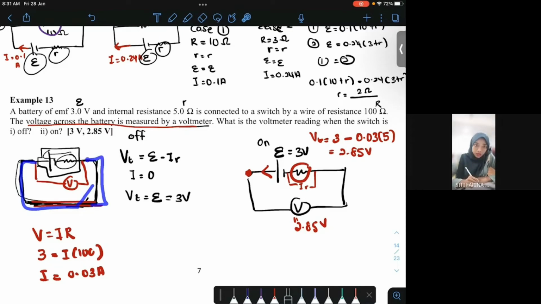Bila terbuka, current tak boleh keluar. Bila current tak keluar, current takkan lalu internal resistance. When it did not pass through the internal resistance, tidak akan ada drop in the potential for the internal resistance. So apa saja keluar dekat sini adalah total EMF.